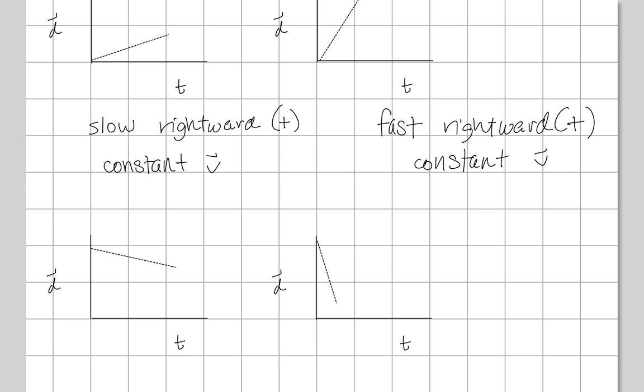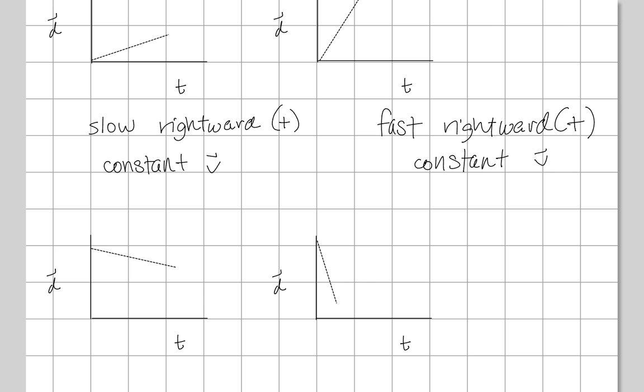The slope. Which one has a steeper slope? The second one. So the second one is still faster. Okay, the second one is moving faster. But which direction is the object traveling? Is it still going to the right? No, it's traveling to the opposite, which is left. If we're going north, now we're going south. Okay?